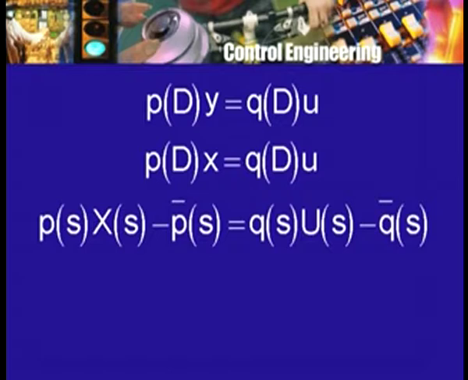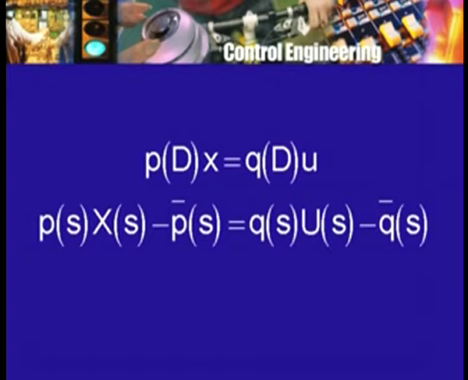in general. Then from this, applying the Laplace transform, we got P of s. Of course, in place of y I may have put x also, because x itself may be the output of interest.